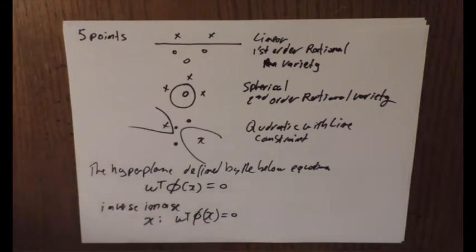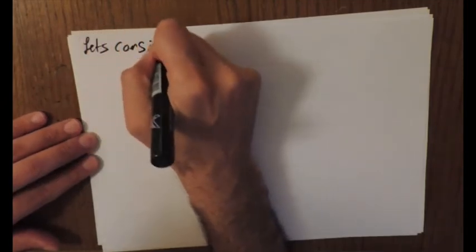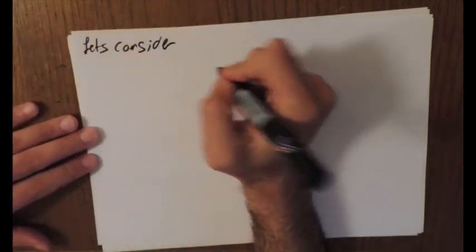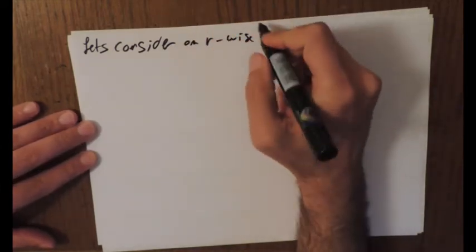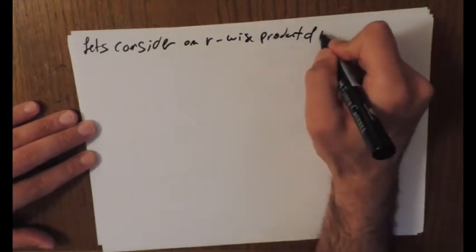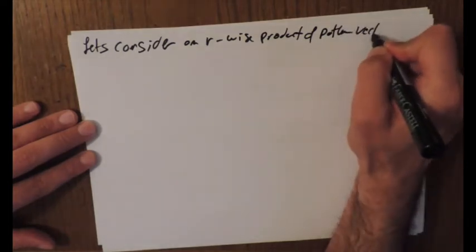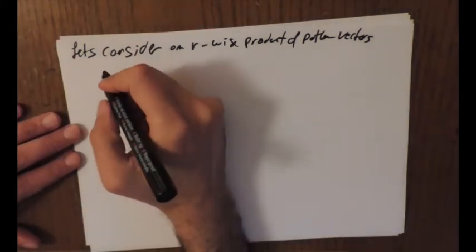So in order to discuss more phi and w, let's consider an r-wise product of pattern vectors. These separating surfaces are called rth order rational variety.